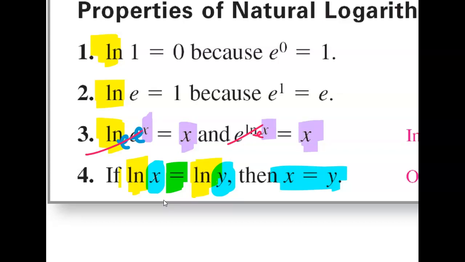Then here we have almost the same, but here the exponent is a 1. Remember ln is base e, so that will cancel out, and the answer is 1, just the number 1.